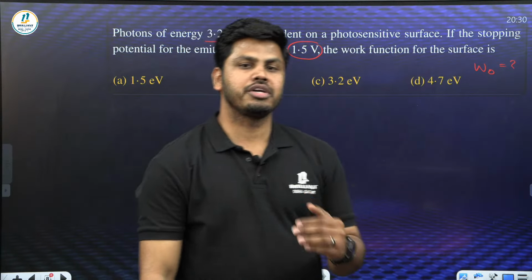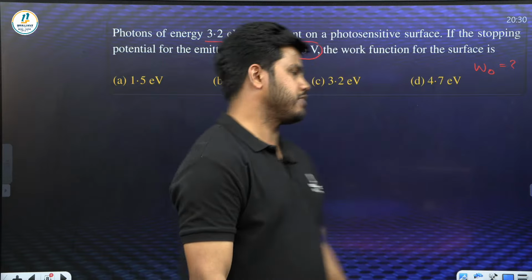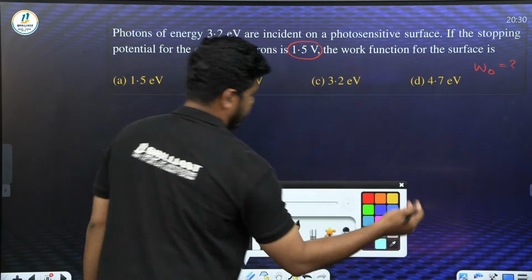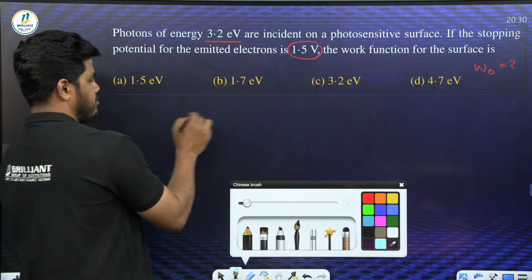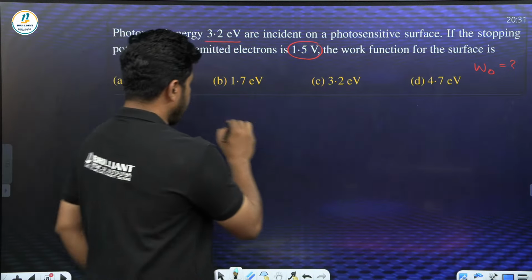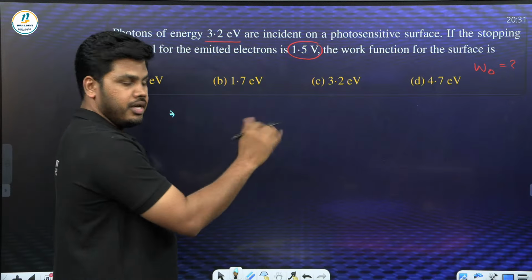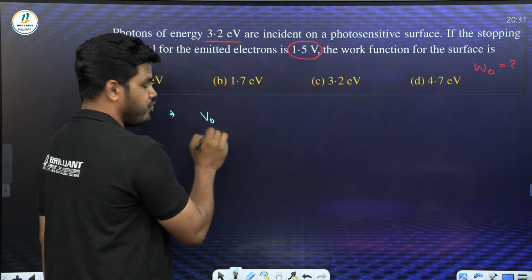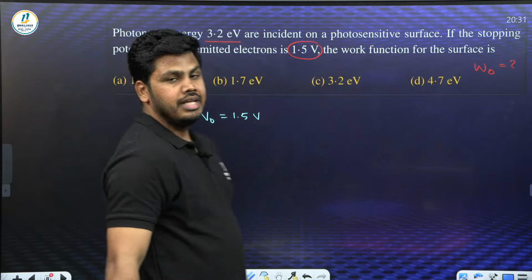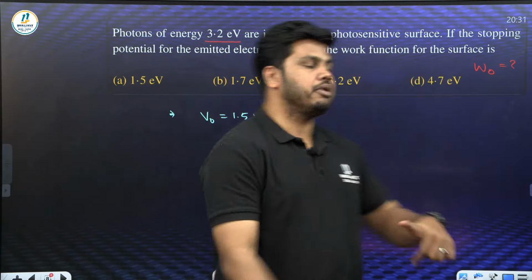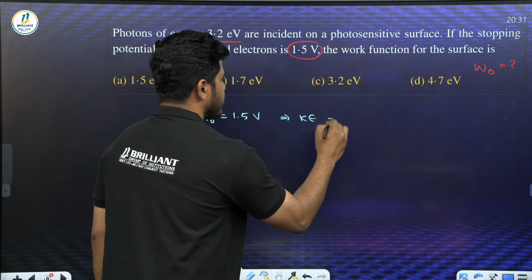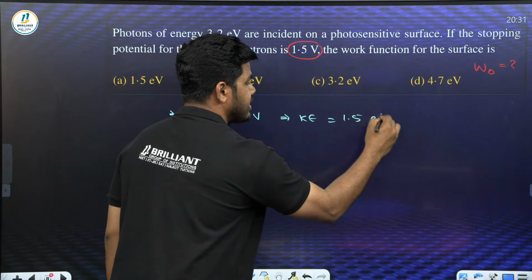Again, Einstein's photoelectric equation helps us to solve this question. Here stopping potential is given. You have to remember this, as it will make the solution very easy. Whenever stopping potential V0 is given as 1.5 volt, that means that particular electron has a kinetic energy of just 1.5 electron volt.